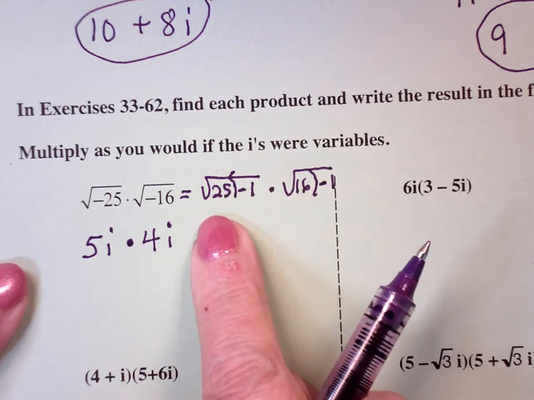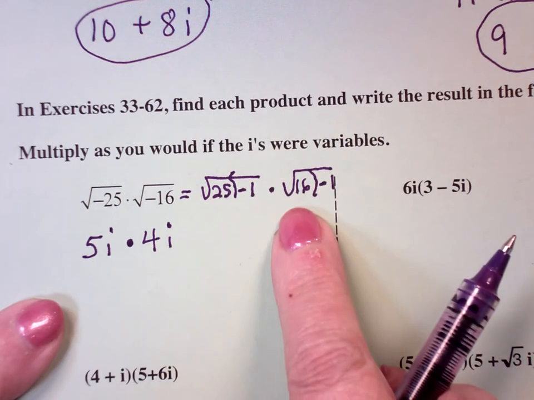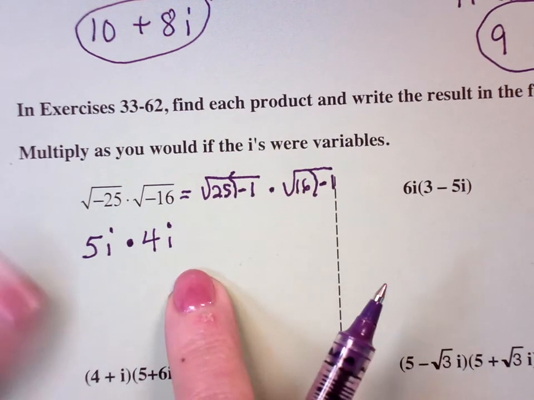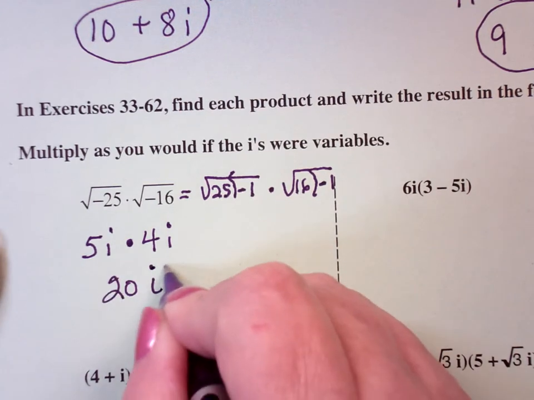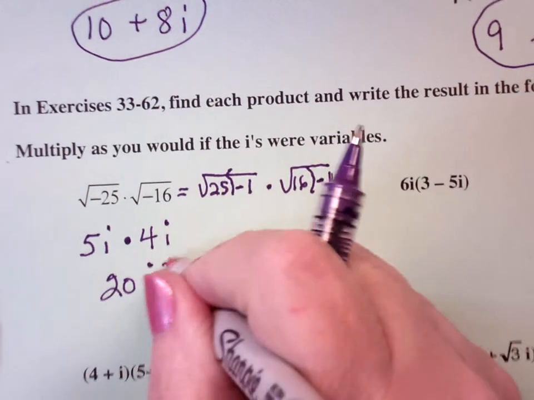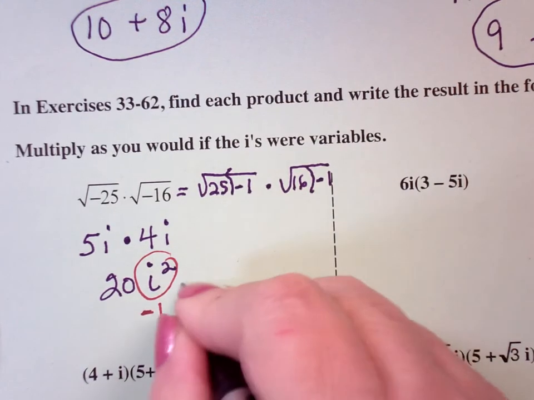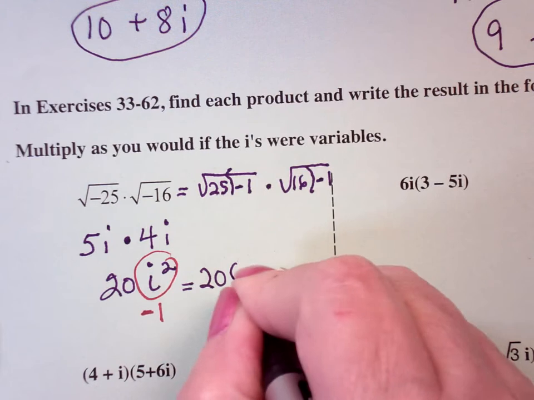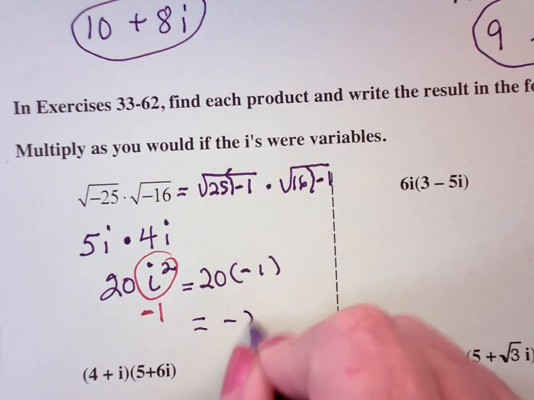So 25, this is 5i, and then 16 and negative 1, that's going to be 4i. This comes out to be 20i squared, and what do we know i squared is? Negative 1. So this turns into 20 times negative 1, which is negative 20.